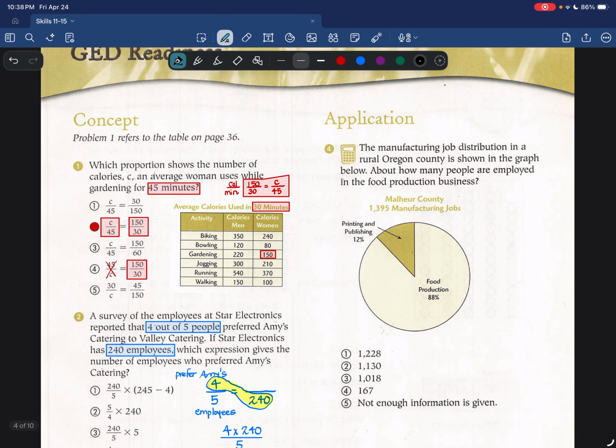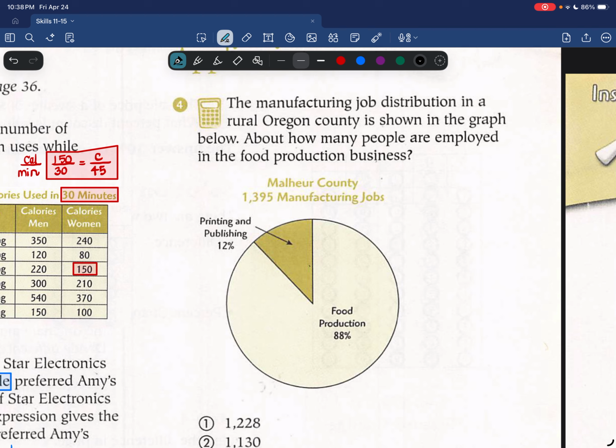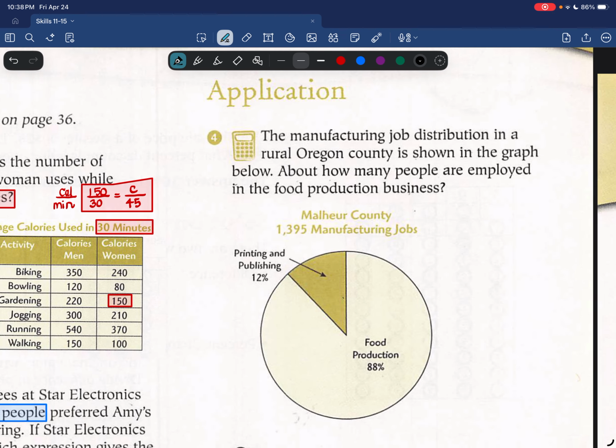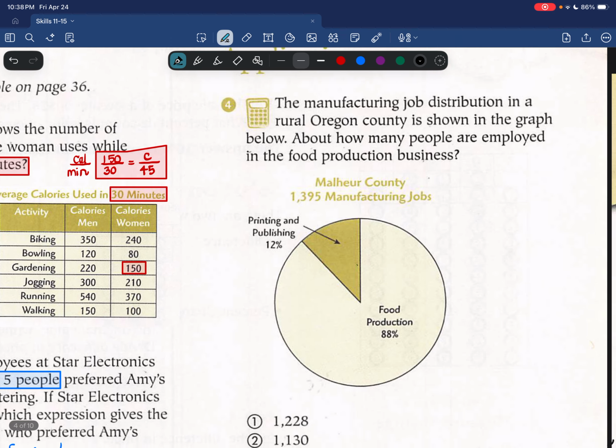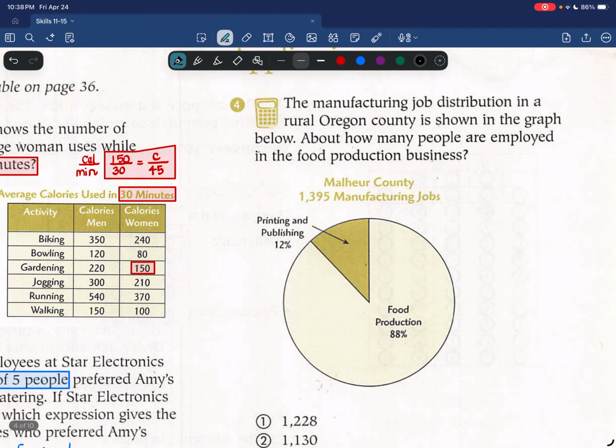All right, here is the application question. It is also a calculator question. The manufacturing job distribution in a rural Oregon county is shown in the graph below. About how many people are employed in the food production business?